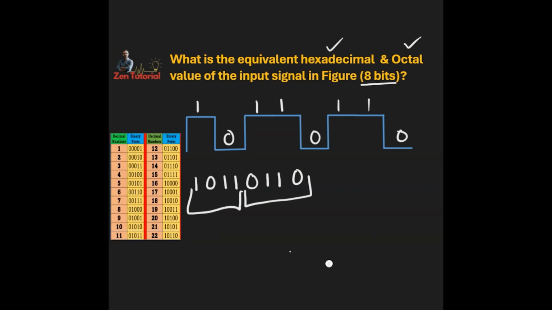For hexadecimal 0110, it means this value, which is 6, and 1011 represents 11. It means B. So the hexadecimal will be B6. So B6 will be its hexadecimal number.